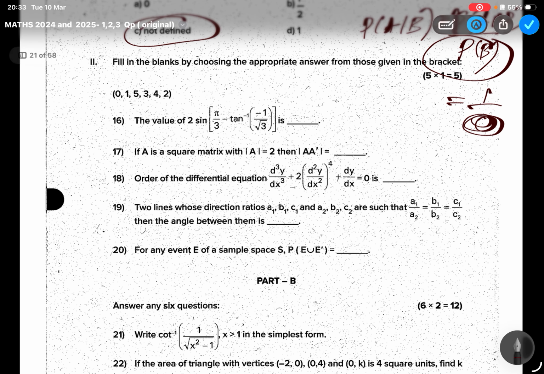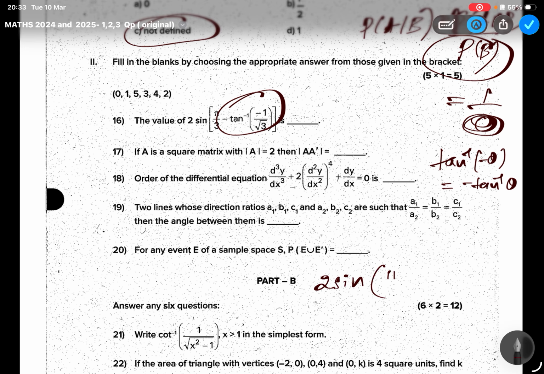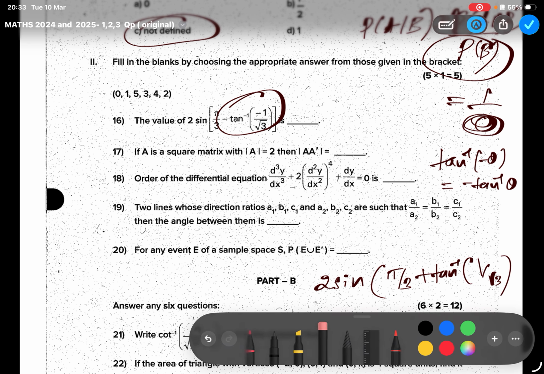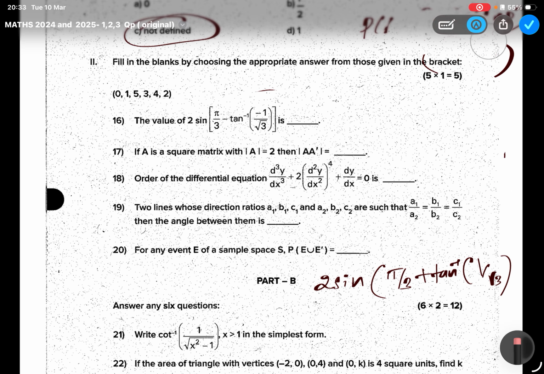Now tan inverse of minus theta will be minus tan inverse of theta. Then the expression becomes 2 sine of pi by 3 plus tan inverse of 1 by root 3. Tan inverse of 1 by root 3 is 30 degree.